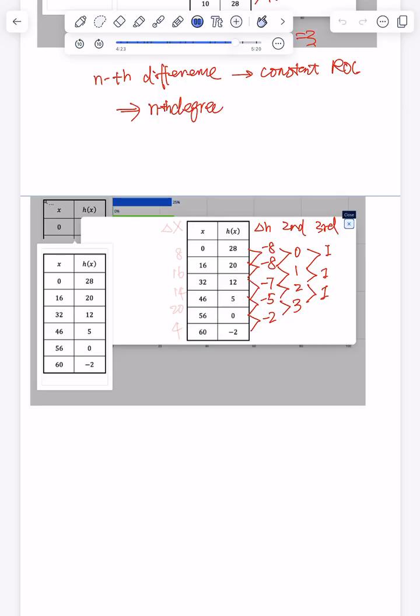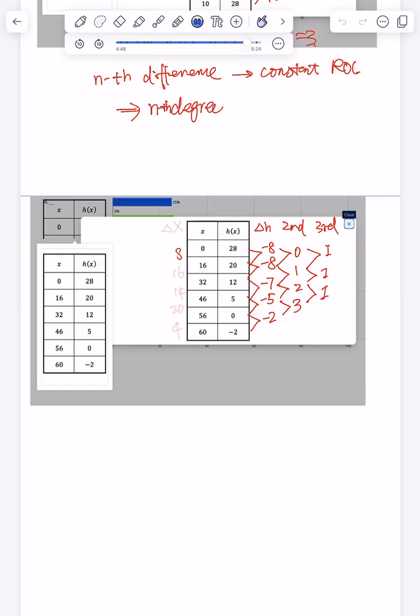Because the original function h is a third order polynomial, and it takes 3 steps to get a constant, you would conclude that this would be the value for h of x. But this is an incorrect answer because in this table, the delta x is not constant.